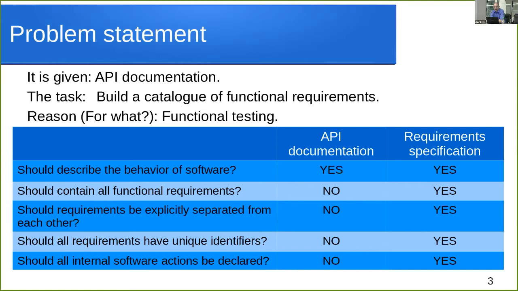The table on the slide shows that the key properties of requirements are not provided in the API documentation. It is usually the case, because this kind of documentation is written for the ordinary user, and these properties are not usually checked.